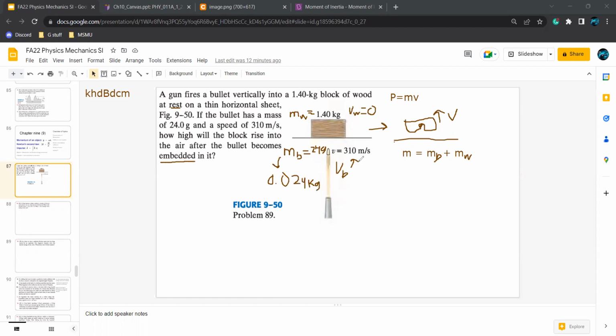Cool. So then from there, we can state that P initial equals P final. Okay. And then we can state that because we know this is an inelastic collision.